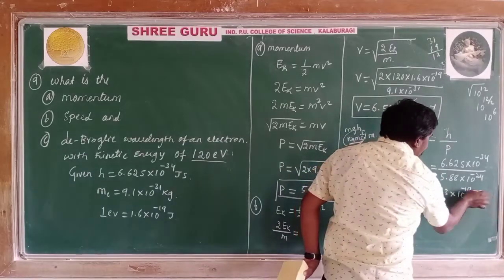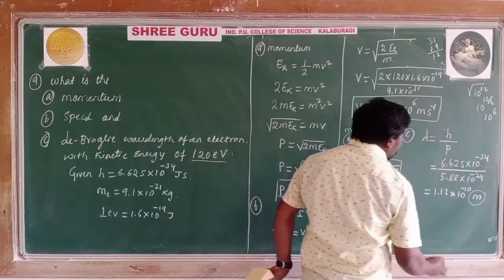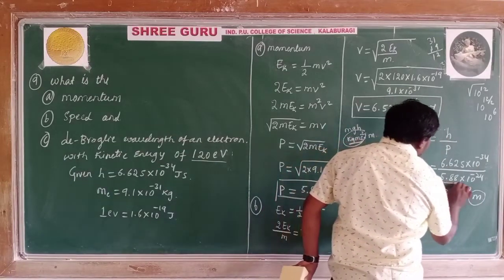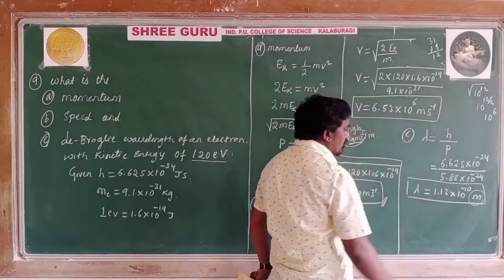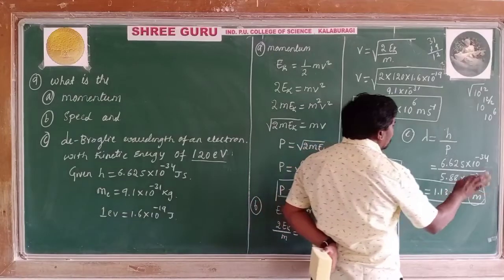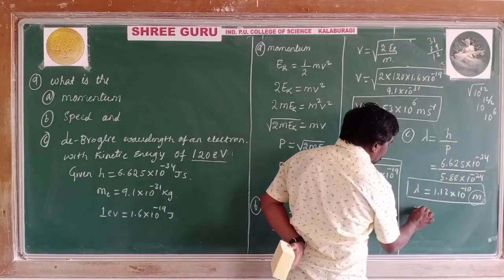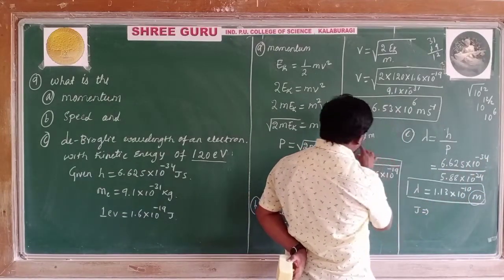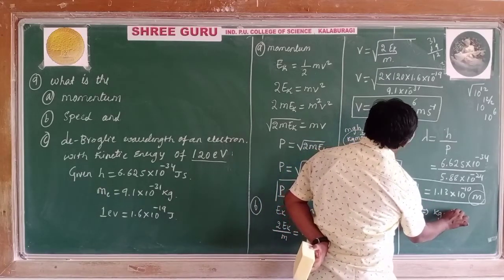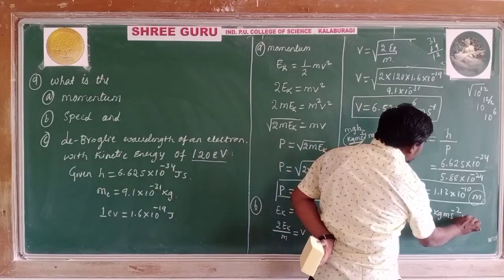How does this meter come? Just see the numerator value. It is not necessary to solve, because already we know that the unit of wavelength is meter. How to convert: joule we can write like this, kg meter per second square into meter.